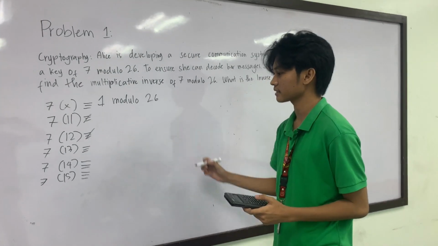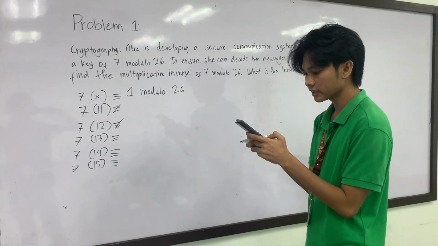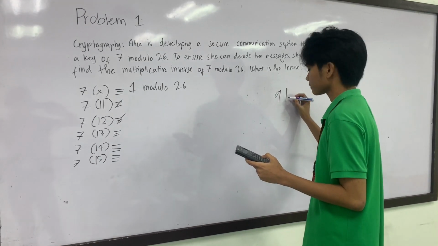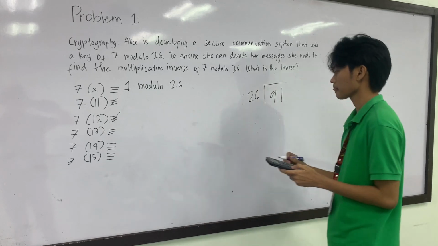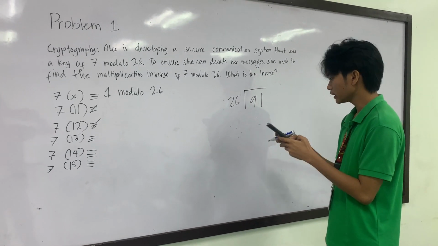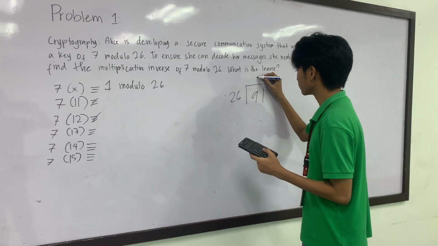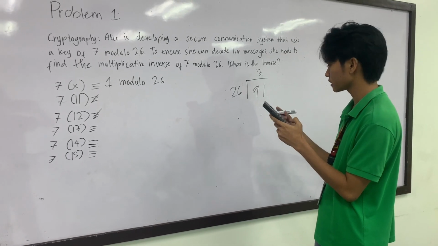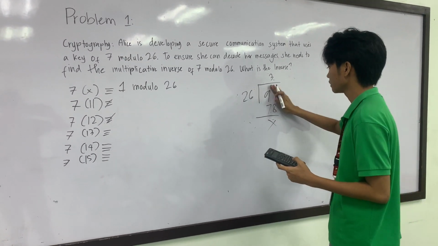Next is 13. 7 times 13 equals 91. 91 divided by 26 is 3. 3 times 26 is 78. So still not the inverse.